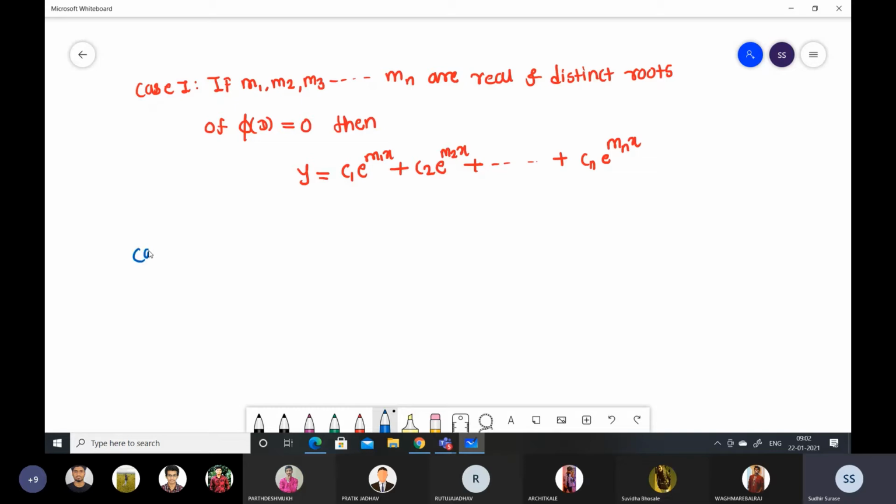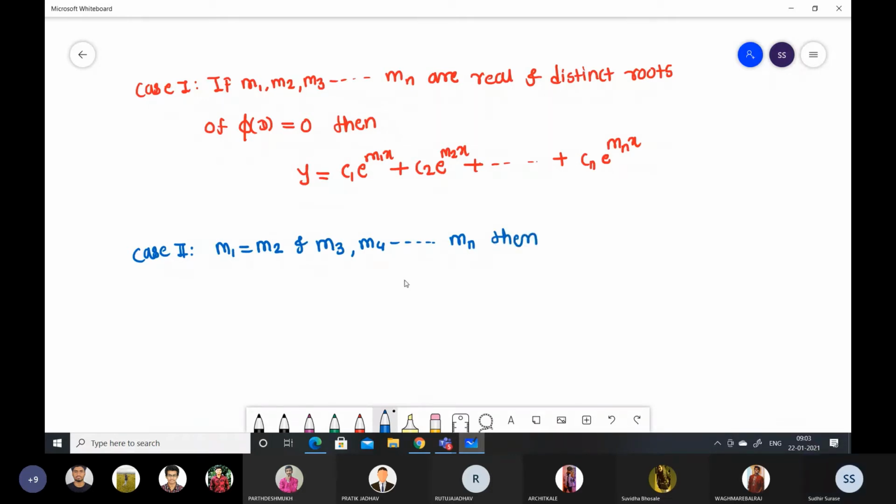Now case number 2. Suppose some of the roots are repeated and all are real. Let's say m1 equals m2, and m3, m4 and so on up to m_n, all are real and two of them are repeated. In that case, how do we write the solution?